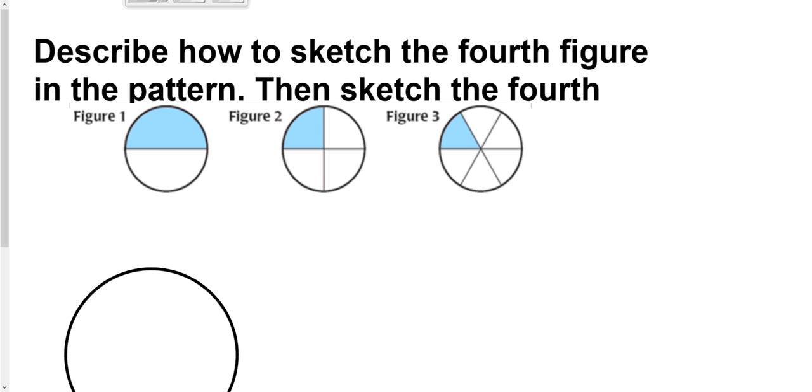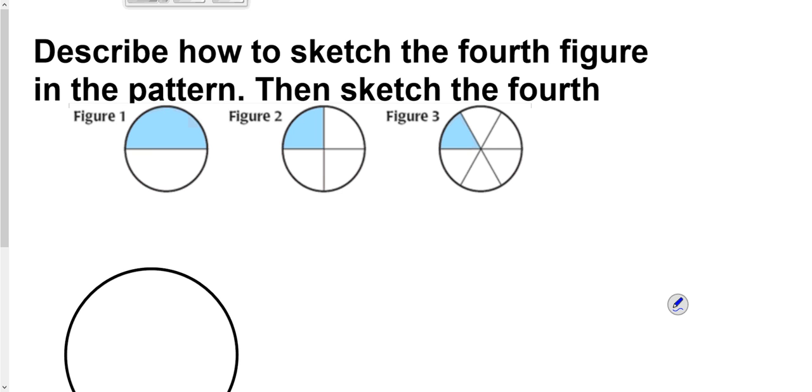So how can we use this in math? Here we need to describe how to sketch the fourth figure in the pattern. Then we're going to sketch the fourth figure. If we look at our images, figure 1, we have this circle that's divided into 2, and the top half is shaded.